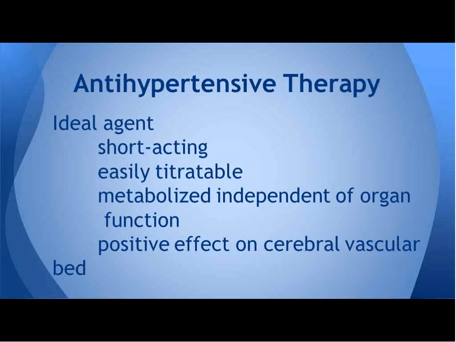antihypertensive therapy. Our ideal agent, really our ideal agent for any type of aggressive blood pressure management would be short-acting, easily titratable, metabolized independent of organ function, and has a positive effect on the cerebrovascular bed. There really is no such agent. So we basically look at the patient, look at their individual presentation, and then adjust our medications to what we need.